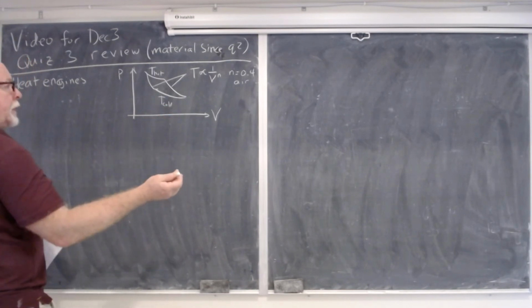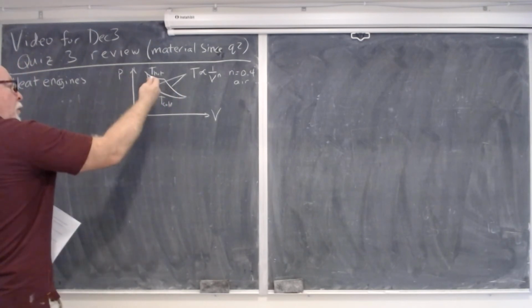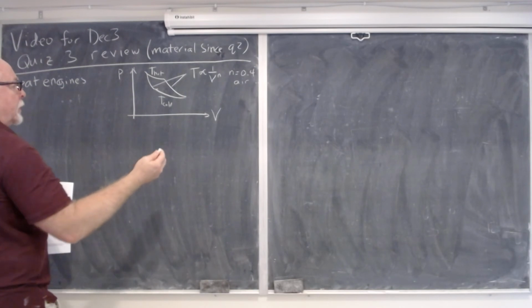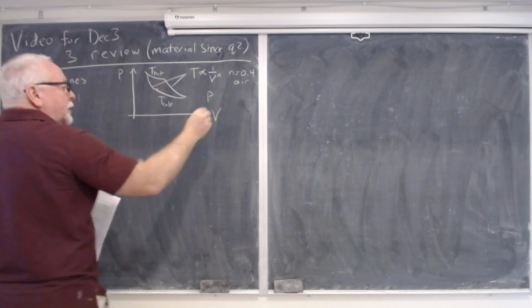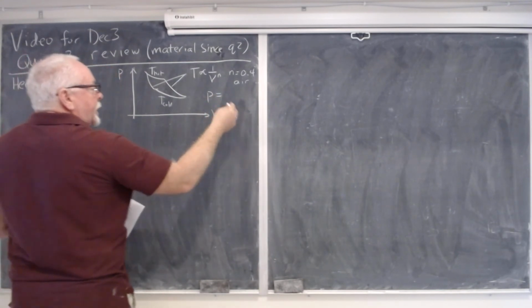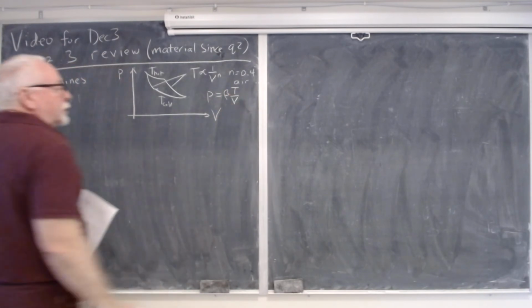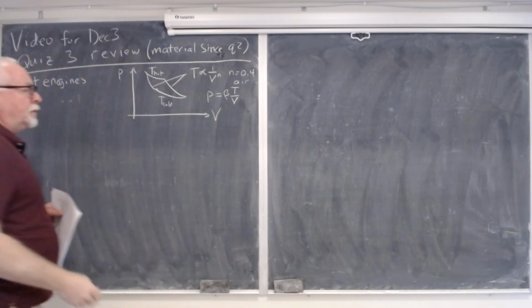For quiz 3, you will have to understand how, for example, to draw this diagram. I mean, you have to know the ideal gas law, that P is equal to, and we'll continue to use this beta. That beta, as you learned from the homework, contains the Rydberg constant and the number of moles.